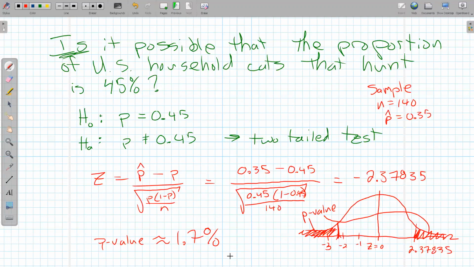It would be unusual to find a sample of 140 household cats, of which 35% hunt, if we were expecting it to be 45. So is 45 reasonable? Not if my sample is good. So I would say reject the null, it's not 45. And I have evidence that it's significantly less than 45 here.